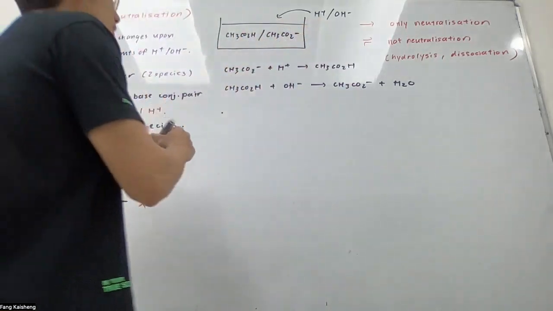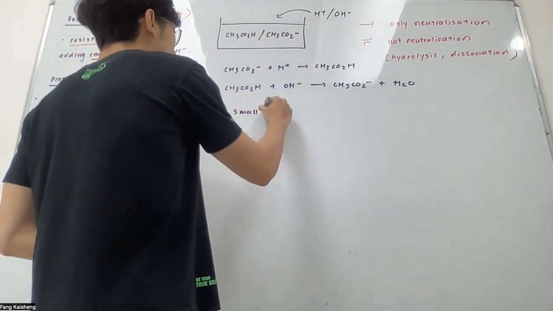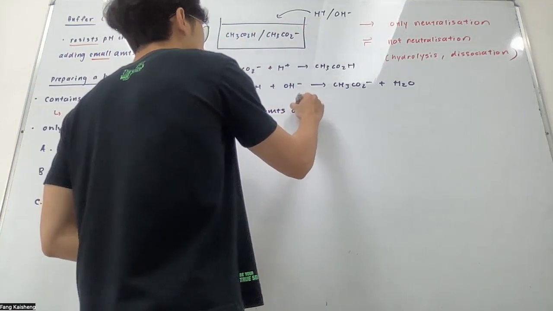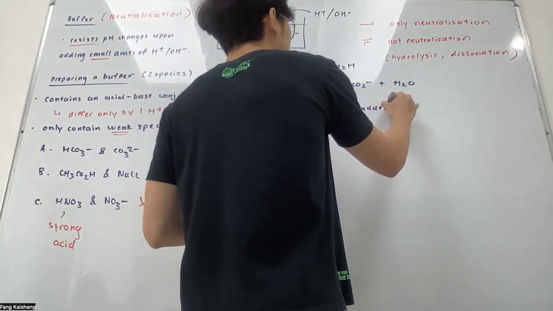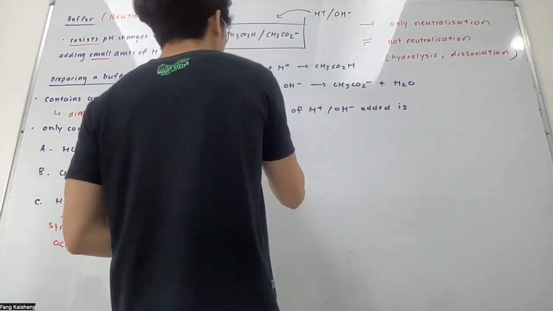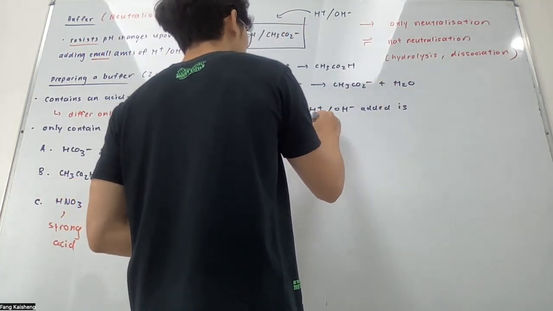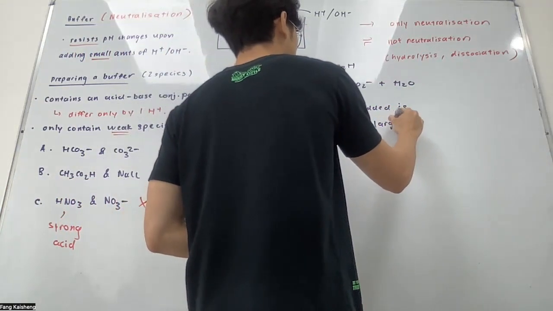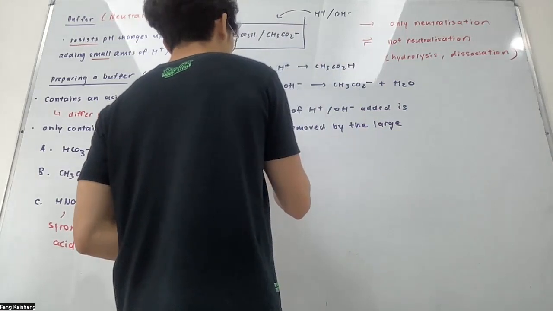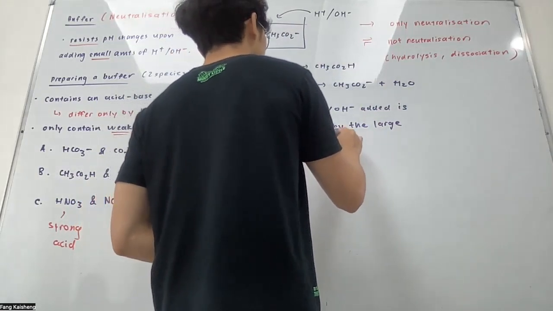So with that said, I need to see both keywords. The small amounts of H plus or OH minus added is completely removed by the large excess of acid and conjugate base pair in the buffer.